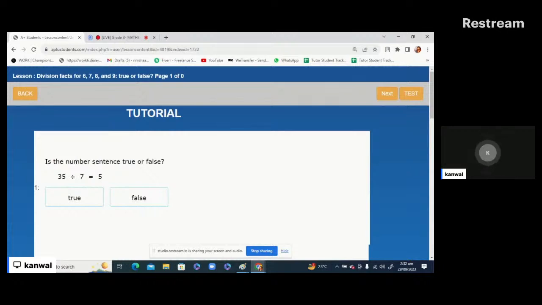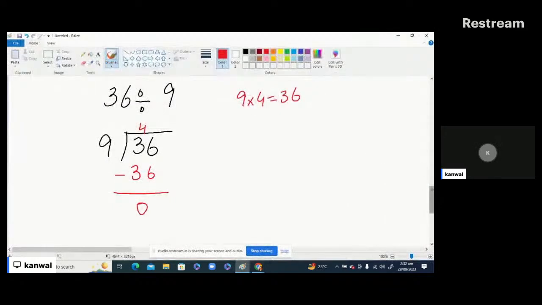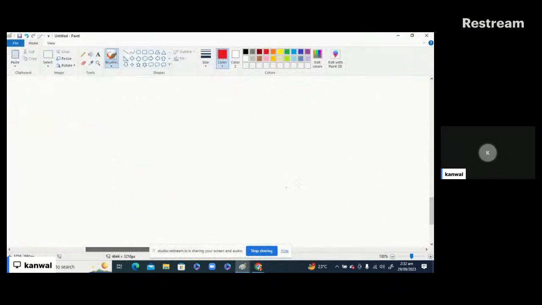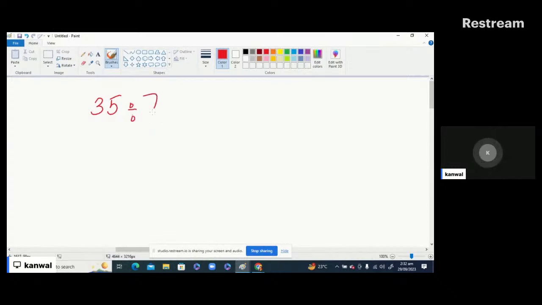So let's check. 35 divided by 7, the answer is 5 is mentioned here. Now let's check. 35 inside, 7 outside.